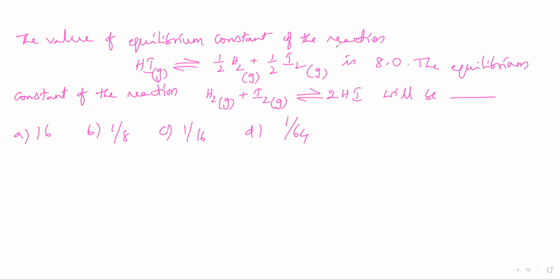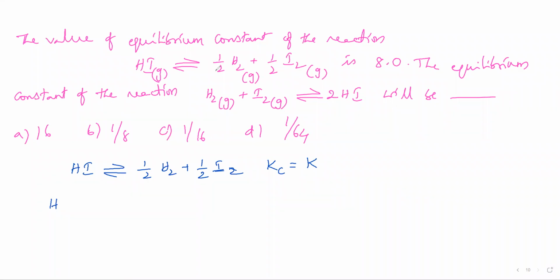Now, in the first reaction, HI gives rise to half H2 plus half I2. Let us suppose for this reaction the equilibrium constant Kc is equal to K. Then the second reaction: you can see here the reaction is reversed.